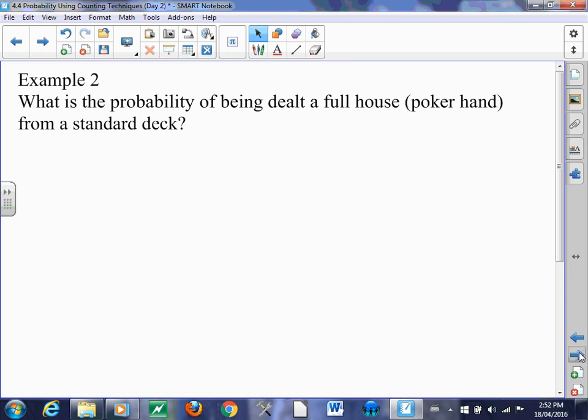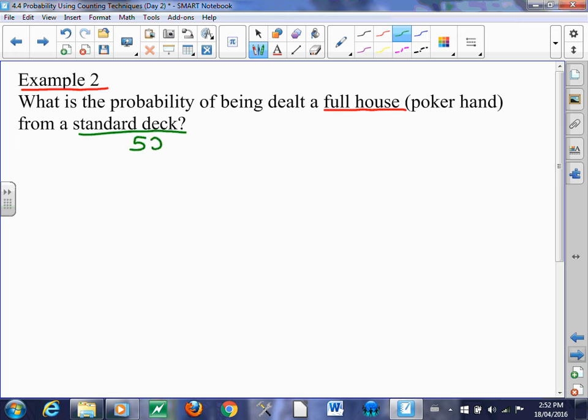All right, example 2. What is the probability of being dealt a full house? This is a poker hand from a standard deck. Now, I'm not trying to turn you into gamblers, but this happens quite often if you want to take a look at this. Okay, so first of all, a standard deck, hopefully you remember that a standard deck has 52 cards. A poker hand, folks, means that you need 5 cards total.